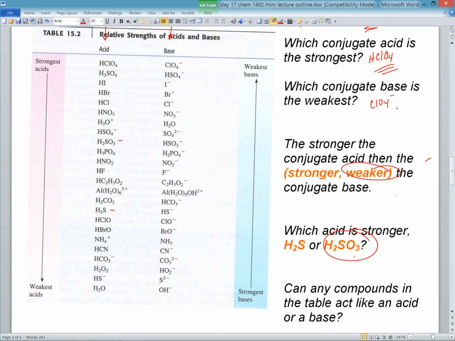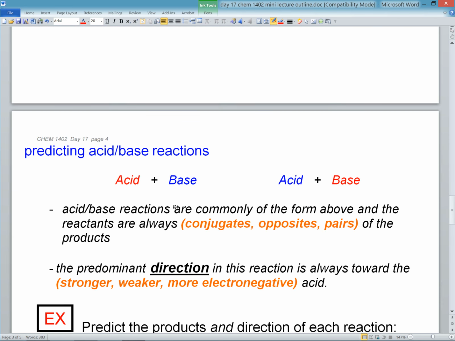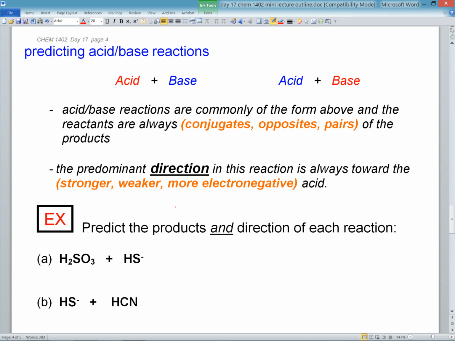Victor? HS negative. Is it on? Let's see. Here's HS negative. Oh yeah, there it is. Okay. There's several. Water is on both sides. So there's several compounds, and that's gonna make things a little more confusing, but it's all right.